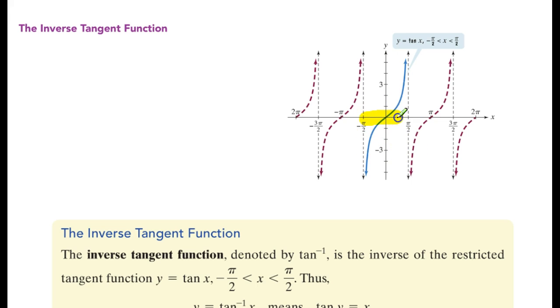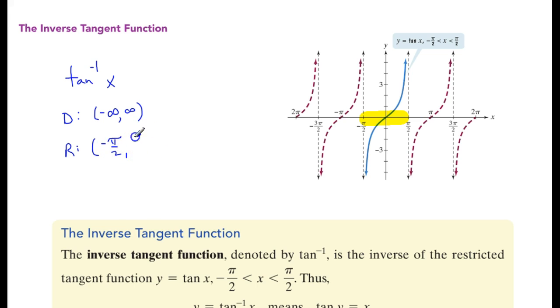The range is -infinity to positive infinity. So for arctangent, remember the domain was the old range. The old range is -infinity to infinity, and the range of the arctangent is the restricted domain, so we could actually have an inverse function.